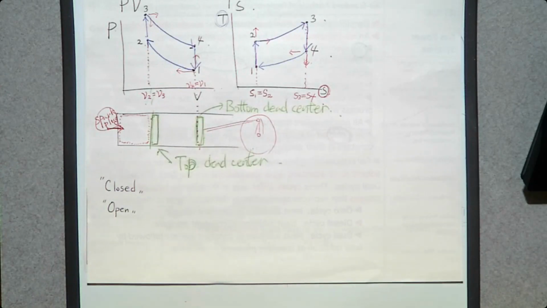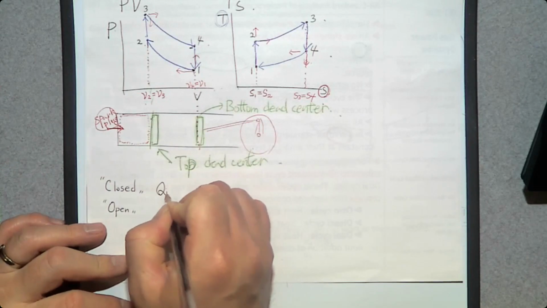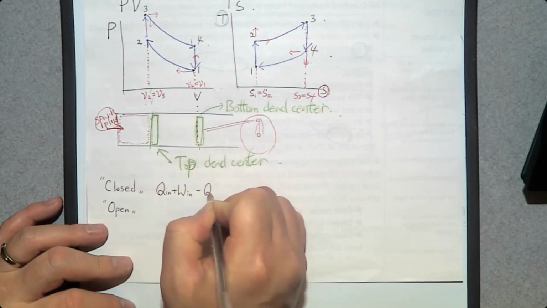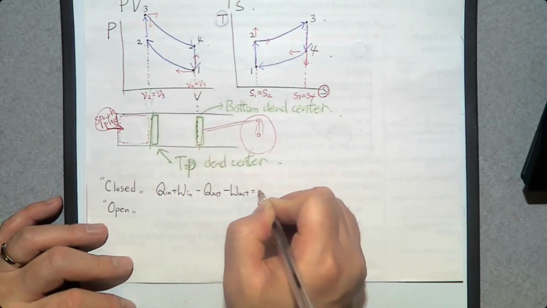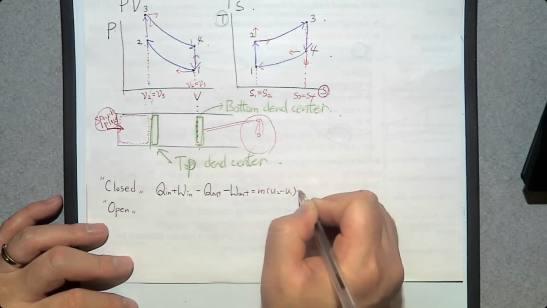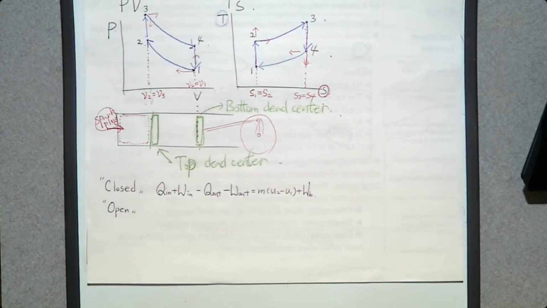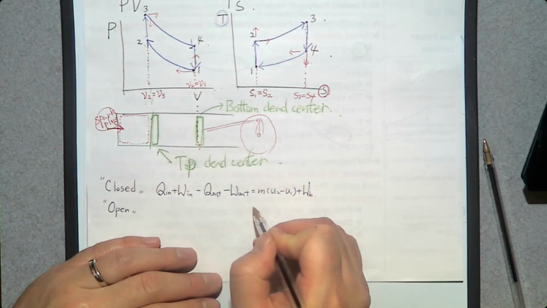When you have a closed system, the energy balance equation is going to be Q in plus W in minus Q out minus W out is mass times U2 minus U1 plus moving boundary work. Do you remember this equation from chapter 3? Yes, we do. But not just this one. We have some special cases.